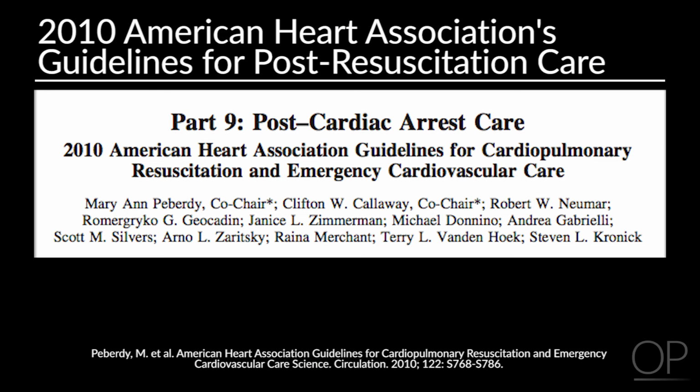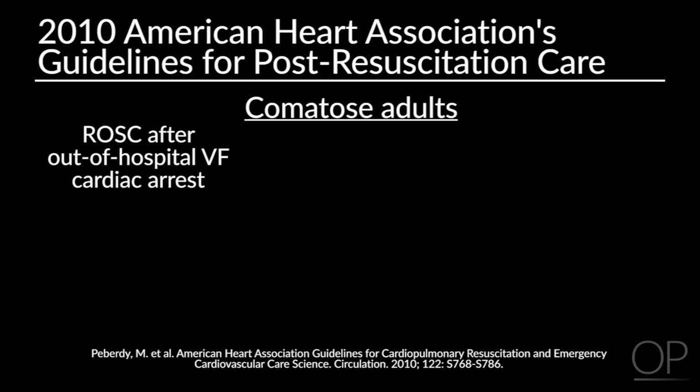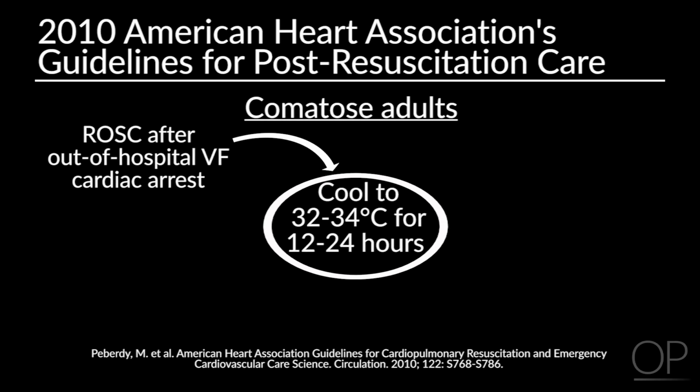All that being said, the 2010 guidelines for post-resuscitation care from the American Heart Association emphasized that for comatose patients, defined as a lack of meaningful response to verbal commands, adults that had an out-of-hospital ventricular fibrillatory cardiac arrest where ROSC was reestablished should be cooled to between 32 and 34 degrees for 12 to 24 hours.